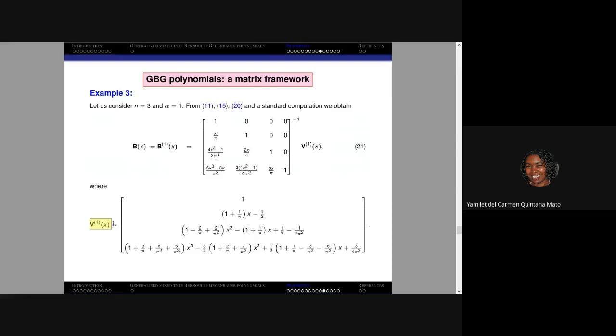Using the previous information and standard computation allows us to obtain that matricial expression for the classical Bernoulli polynomial, where the GBG polynomials of order alpha equal to 1 is given by this matrix.